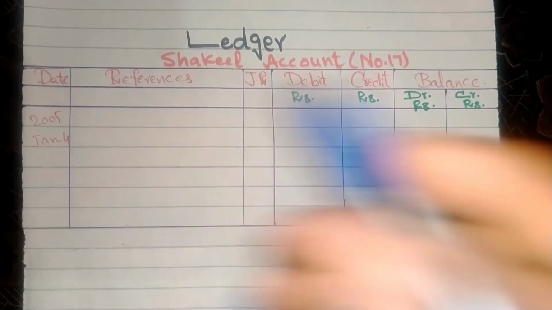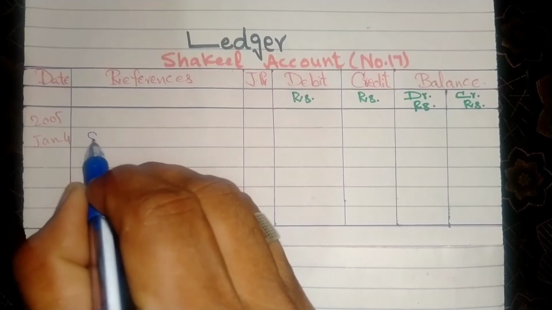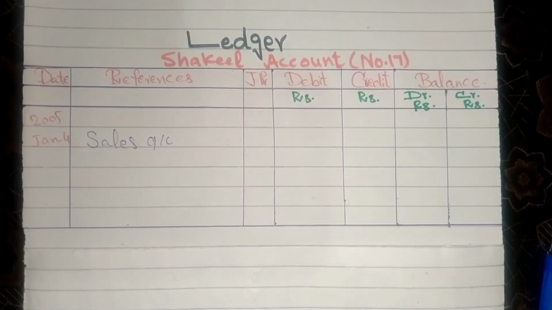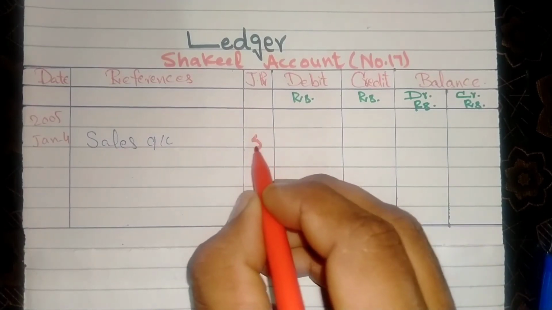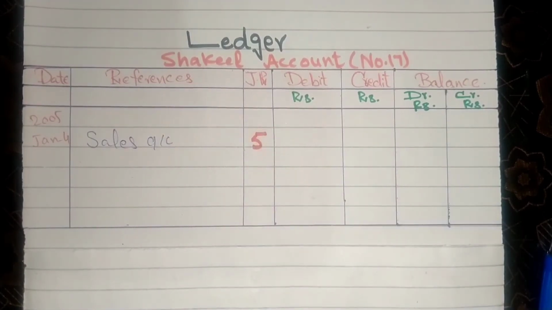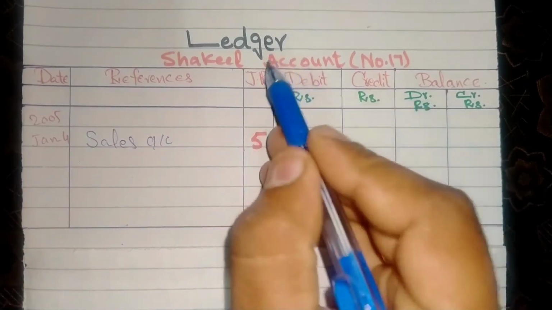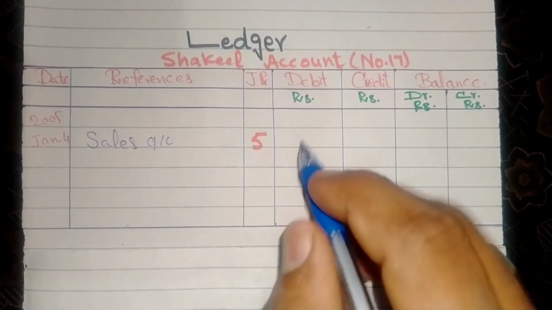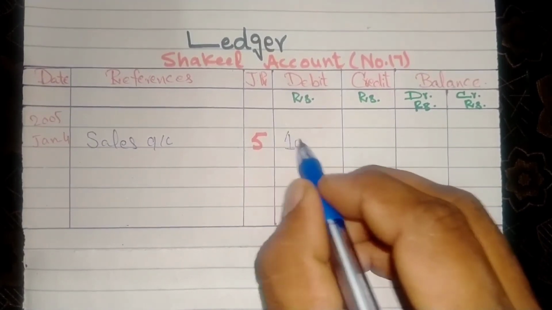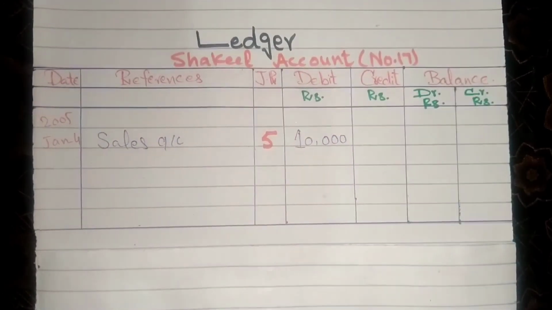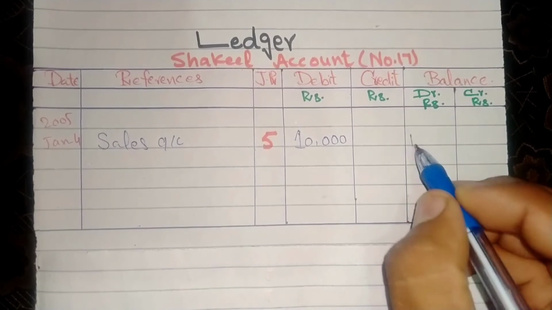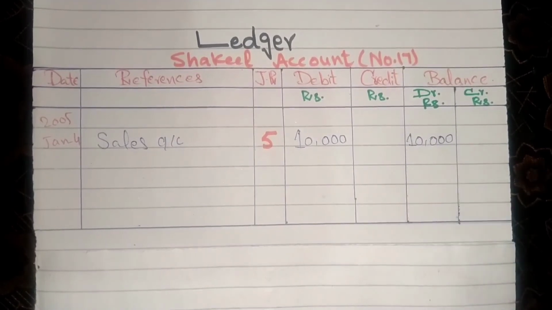So Shakil account debit by sales account, with journal reference number, which is the page number of journal, which is 5. Shakil account debit by sales account with debit amount 10,000 rupees, right? Ultimately the balance column has debit balance with same amount 10,000 rupees.